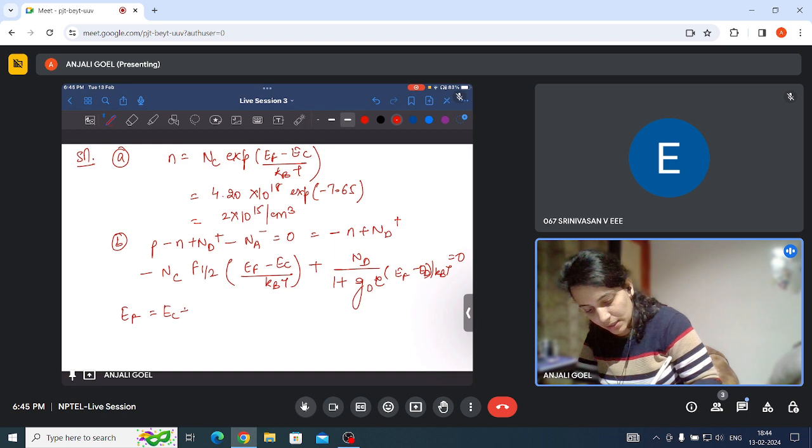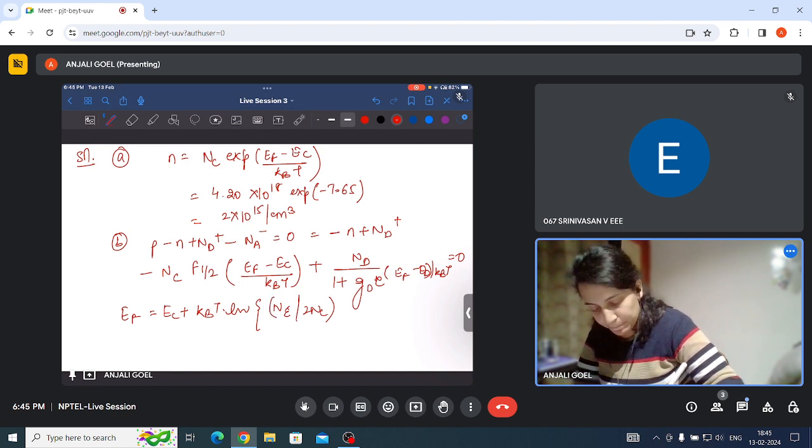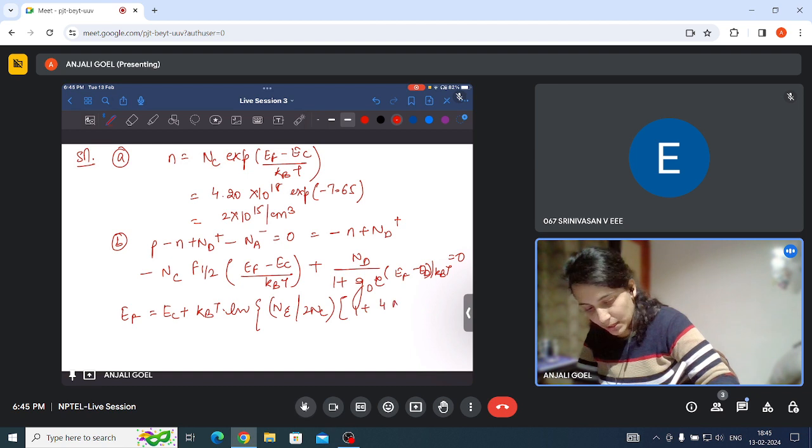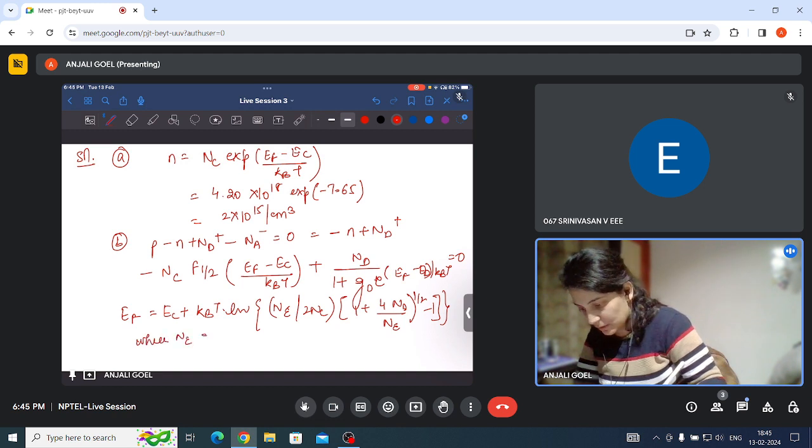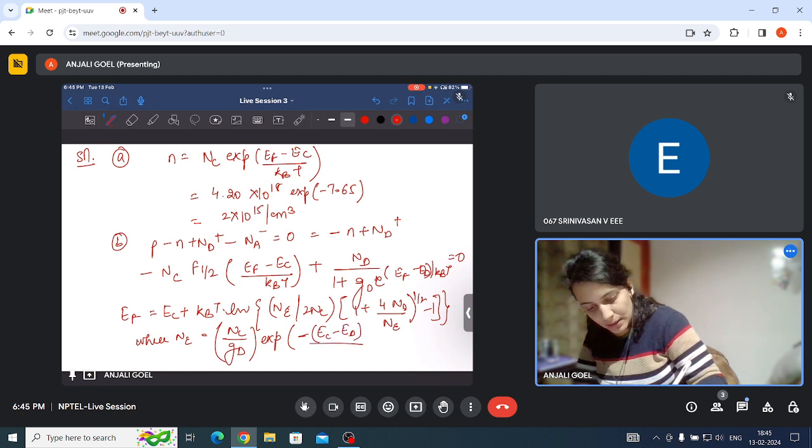So upon solving, EF is equals to EC plus KBT ln of N tilde over 2NC into 1 plus 4ND by N tilde, where your N tilde is equals to NC by GD exponential minus EC minus ED by KBT.